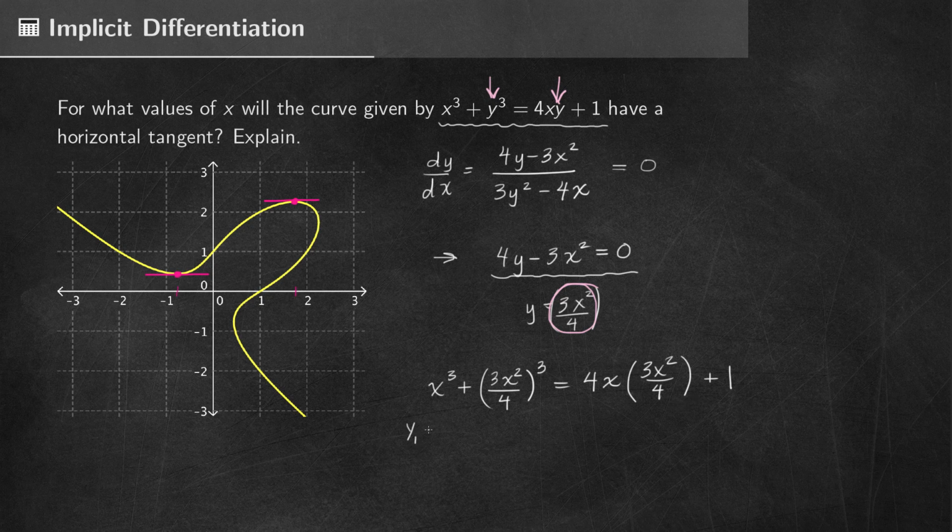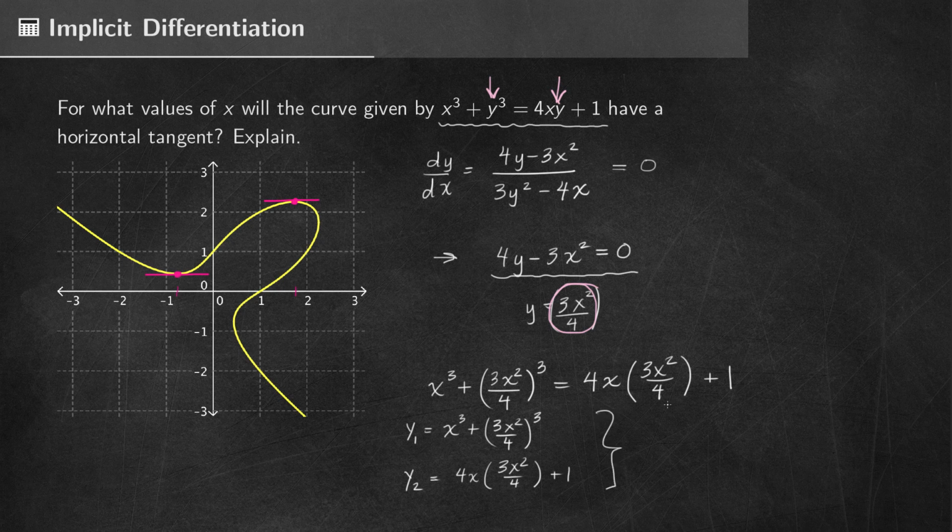Okay, we're going to solve this on the calculator graphically. In y1, we're going to enter the left-hand side, x cubed plus 3x squared over 4 cubed. And then in y2, we're going to enter the right-hand side of our equation, so 4x times 3x squared over 4 plus 1. And then we're going to look for a point of intersection.